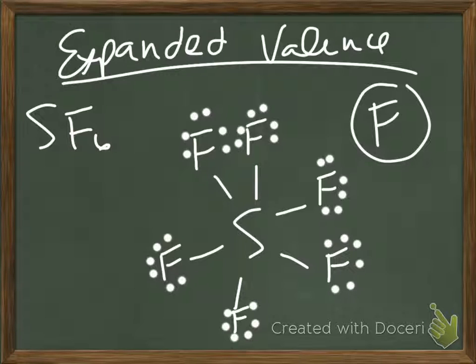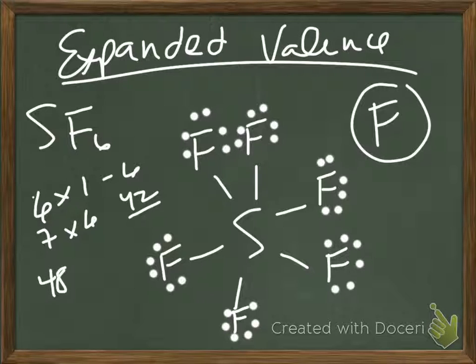Let's count octet. So fluorine started off with 6 valence electrons, and sulfur started off with 6 valence electrons. Each fluorine started off with 7. So, we can't do octet, but we can do 6 plus 7 times 6. So 6 plus 42.